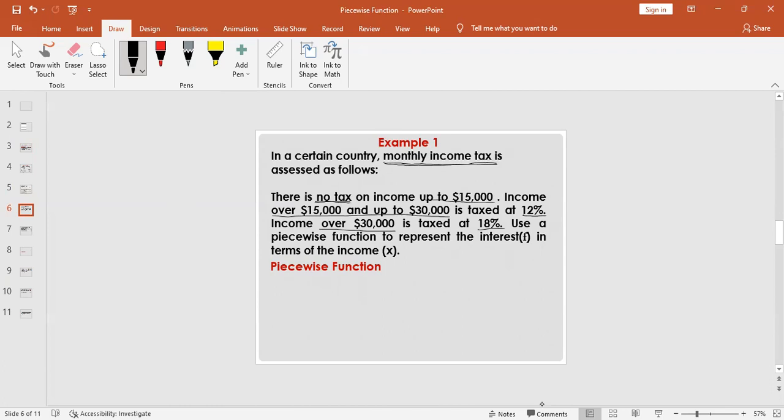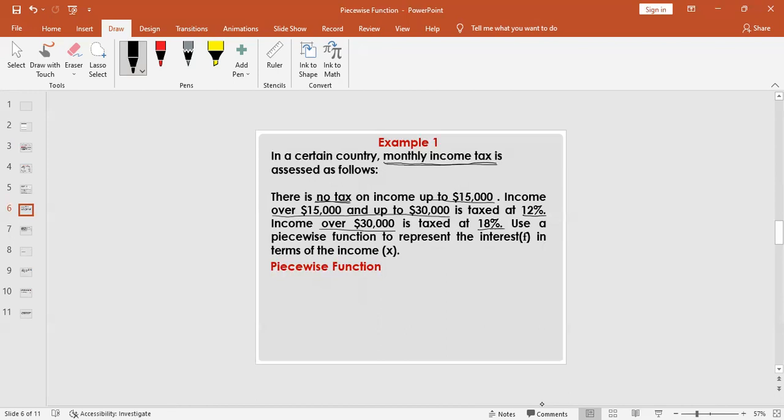At yun yung porsyento na yun yung tinatawag na tax. And yung tax na yun mapupunta sa gobyerno para gamitin sa kung ano pa man na kailangan paggamitan nun. Like public roads or mga kung ano pa man na construction site. So yan yung tinatawag na income tax.